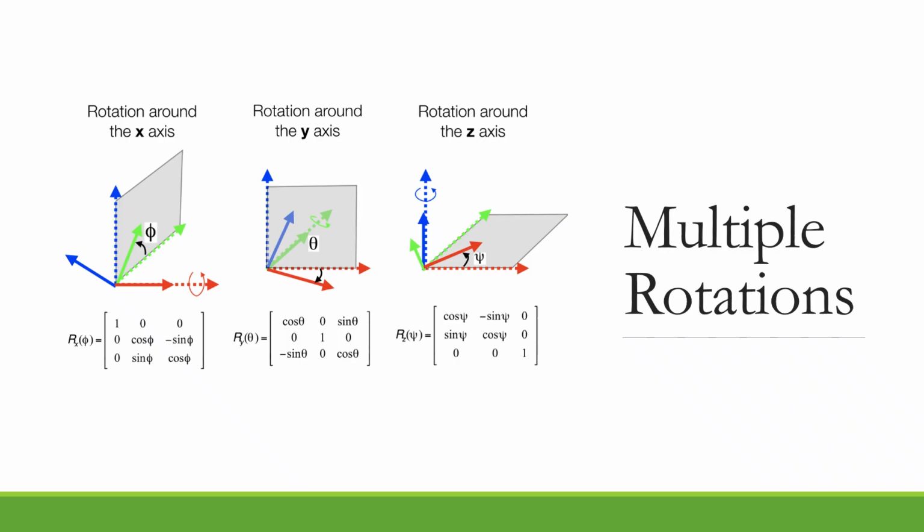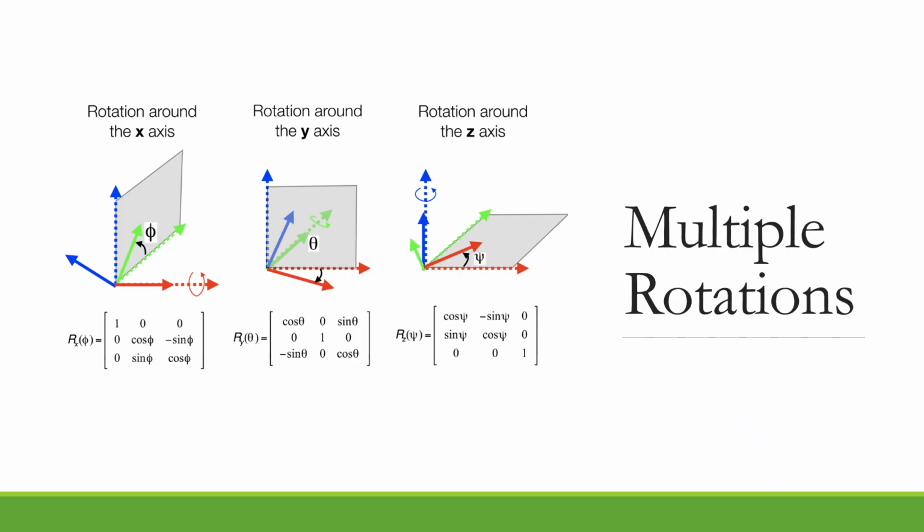As you could see, the rotation around the x-axis is a 3 by 3 matrix. For example, Rx of phi is 1 on the top, and 0 0, and 0 cos phi minus sin phi, 0 sin phi cos phi.